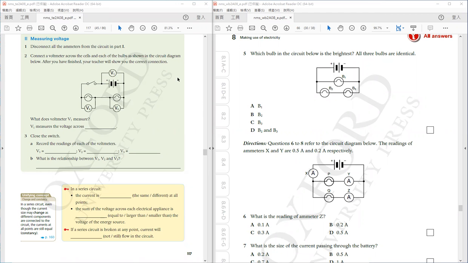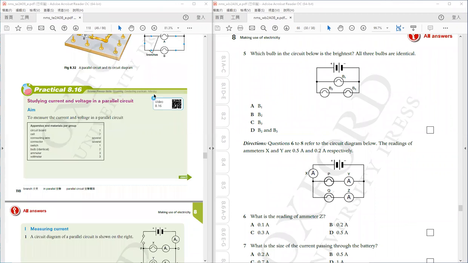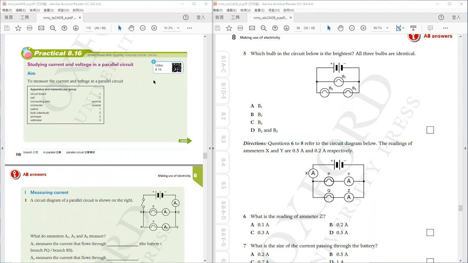If you remember in parallel circuit, the voltage across branch 1 in red arrow, and the voltage across branch 2, are the same. Voltage across branch 1 and 2 are the same.